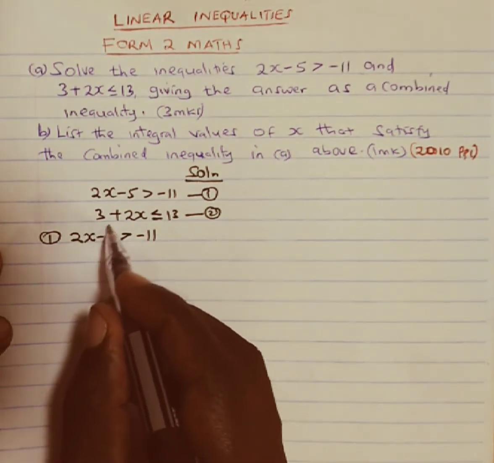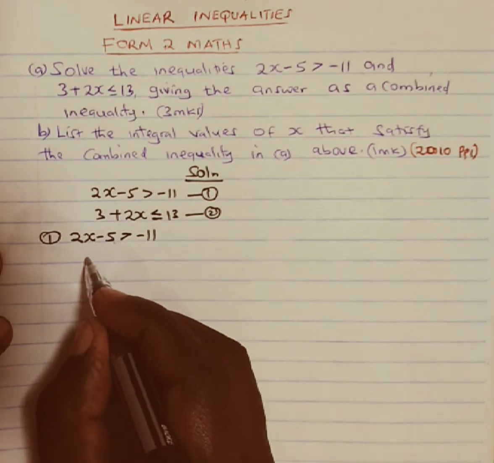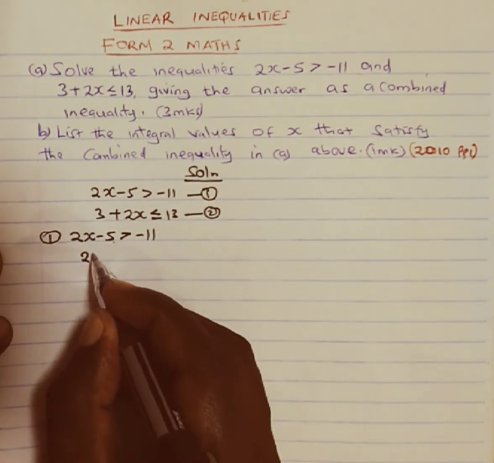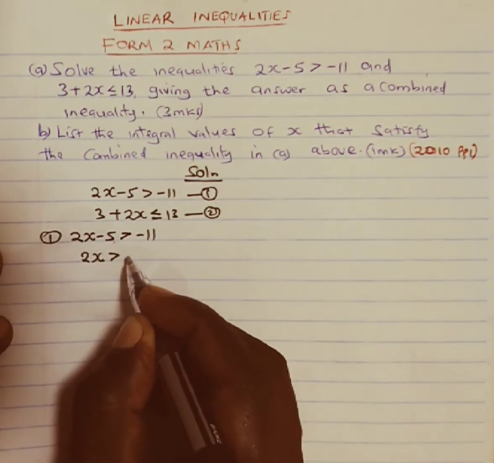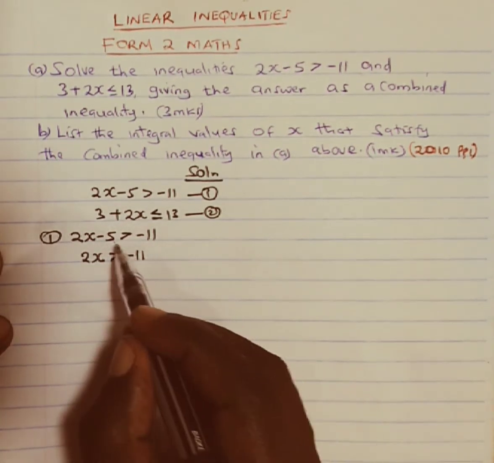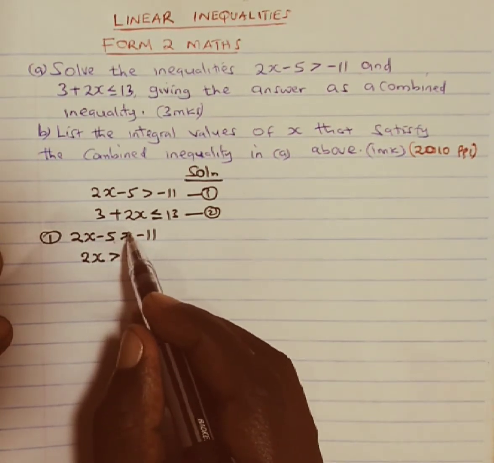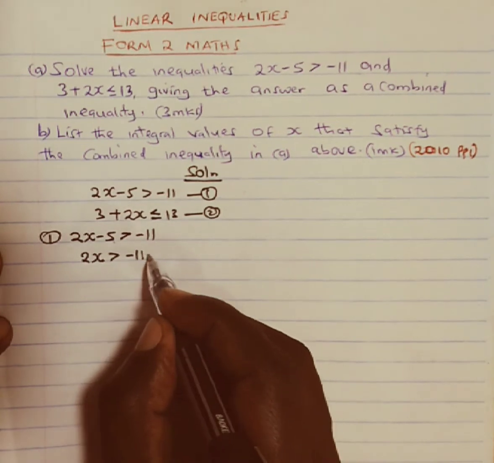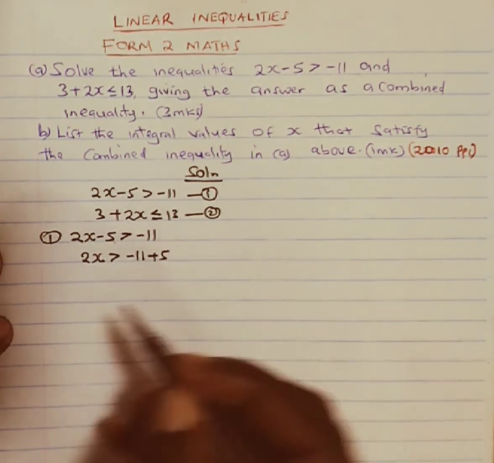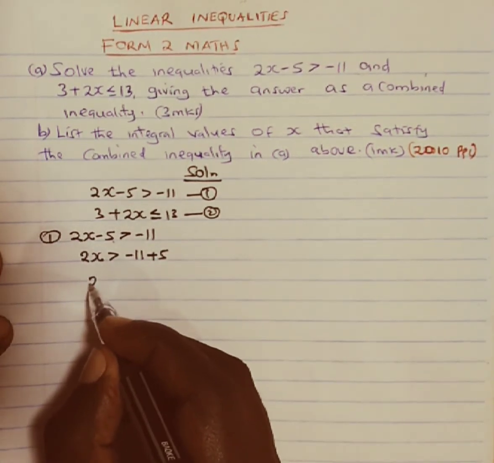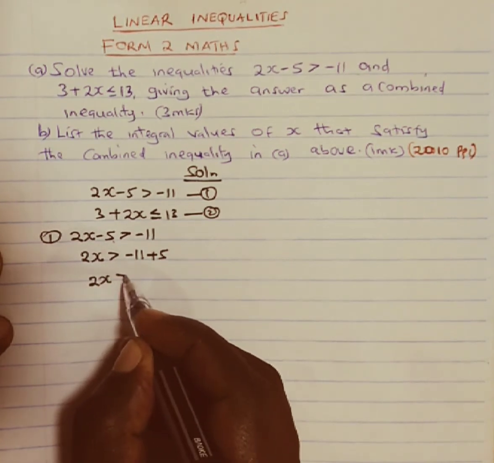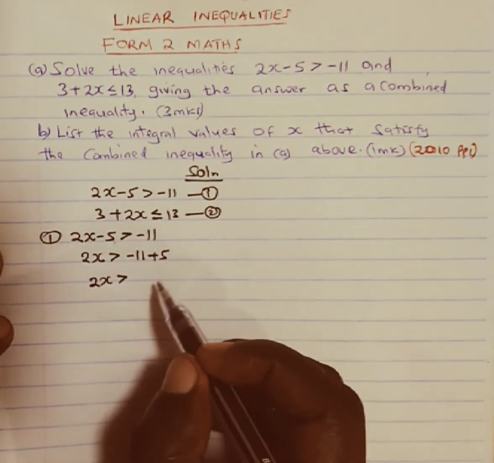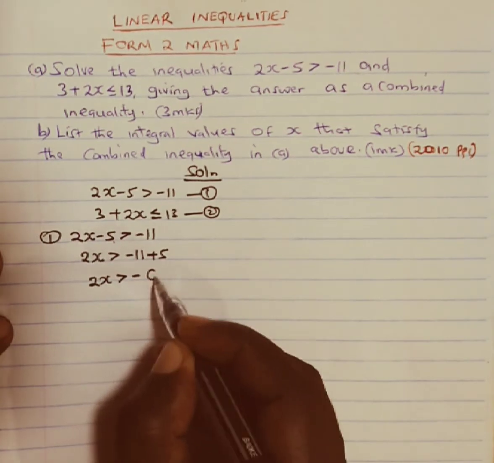So if negative 5 goes to the other side, we are going to have 2x being greater than negative 11. Negative 5 crosses the inequality symbol and becomes a positive. And therefore 2x is going to be greater than negative 11 plus 5, you get negative 6.